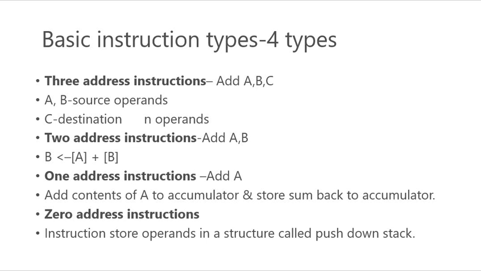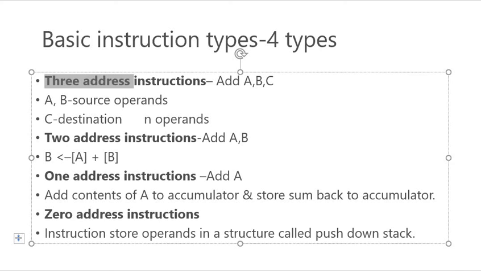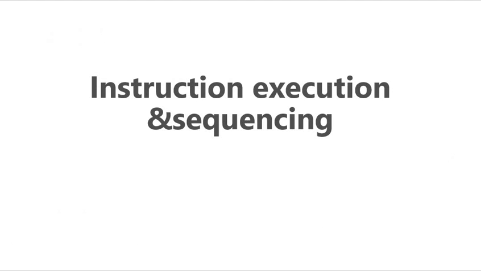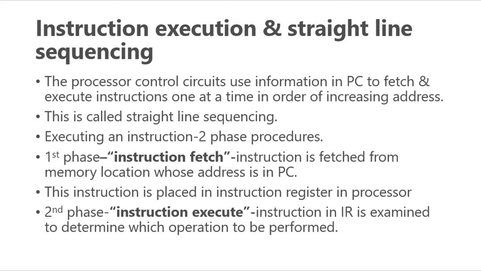Next, there are different instruction types: three address, two address, one address, and zero address instruction types. Next is instruction sequencing, which has two types. In straight line sequencing, first the instruction is fetched and executed.